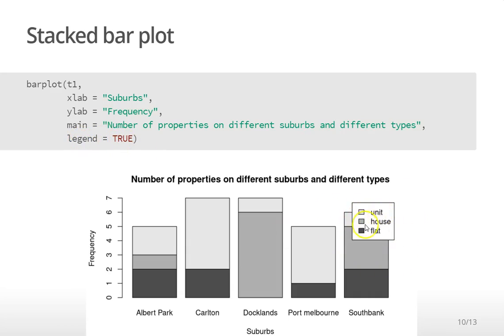The white is unit, the gray is the house, and this black one is the flat. So by default, the legend is equal to false, which means the default of R is that we don't need any legend, but we need the legend. What we are going to do is write this argument and change the default and ask it to give us the legends.